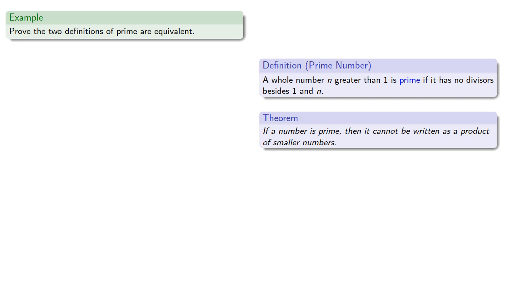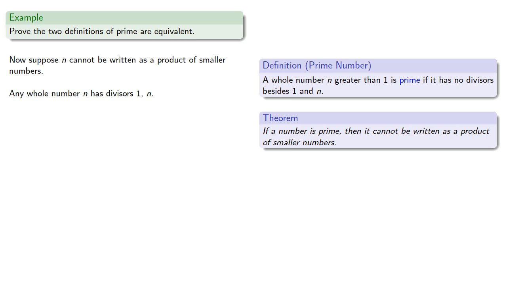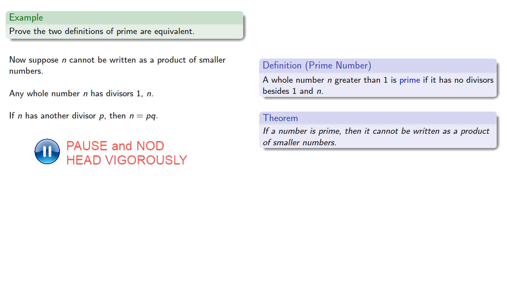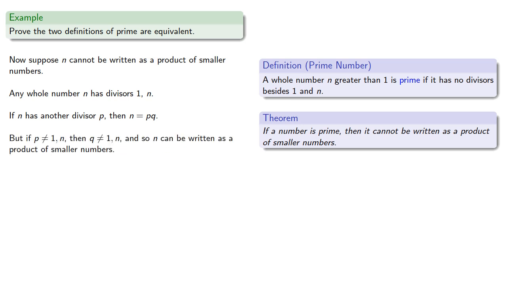Now we want to go in the other direction. Suppose n cannot be written as a product of smaller numbers. So we know that any whole number n does have divisors 1 and n. If n has another divisor p, then n has to be p times q. But if p isn't 1 or n, then neither is q, and so n can be written as a product of smaller numbers.